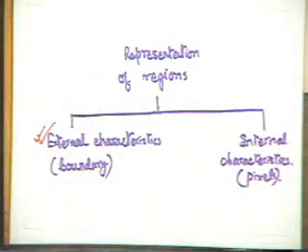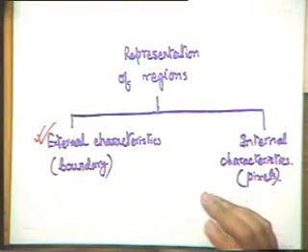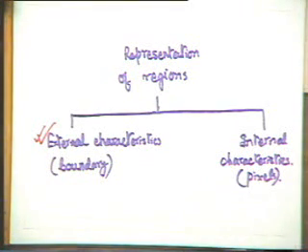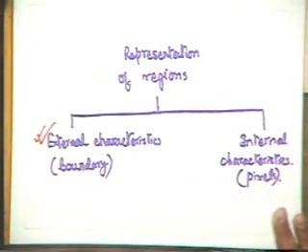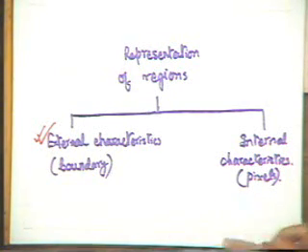For the external, or rather the boundary, characteristics of a region, the main focus is on the shape of the region, whereas when we consider the internal characteristics, our focus is on the color or the texture of the region.